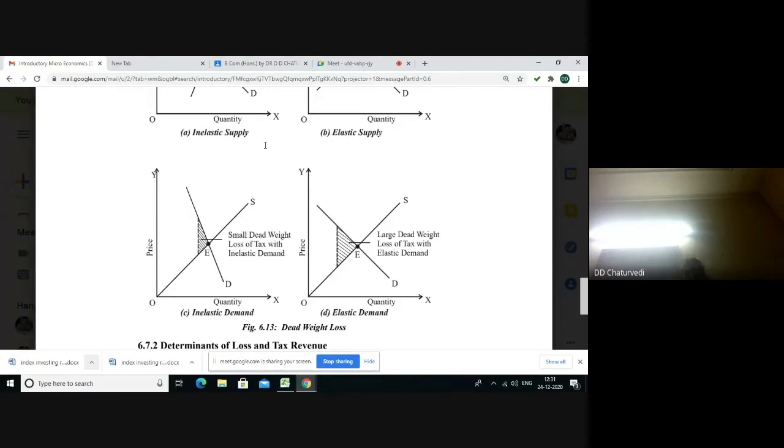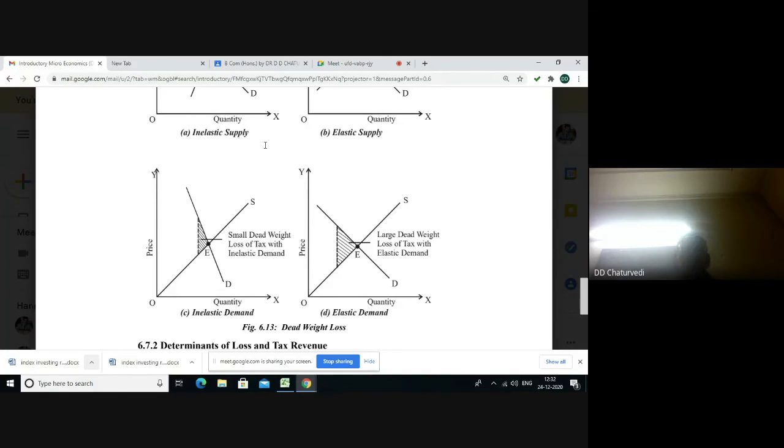Now we have two remaining parts of figure 6.13, C and D part. In 6.13C, demand curve is inelastic, whereas in 6.13D, demand curve is elastic.